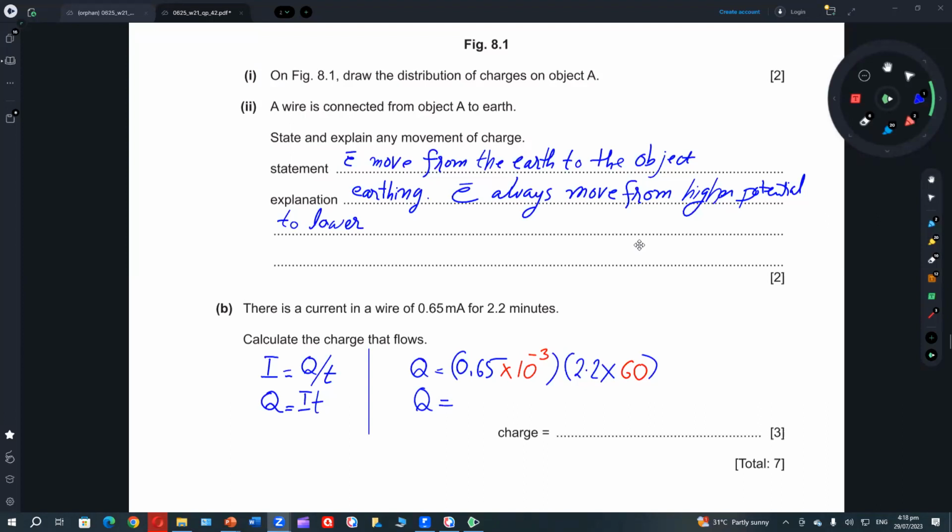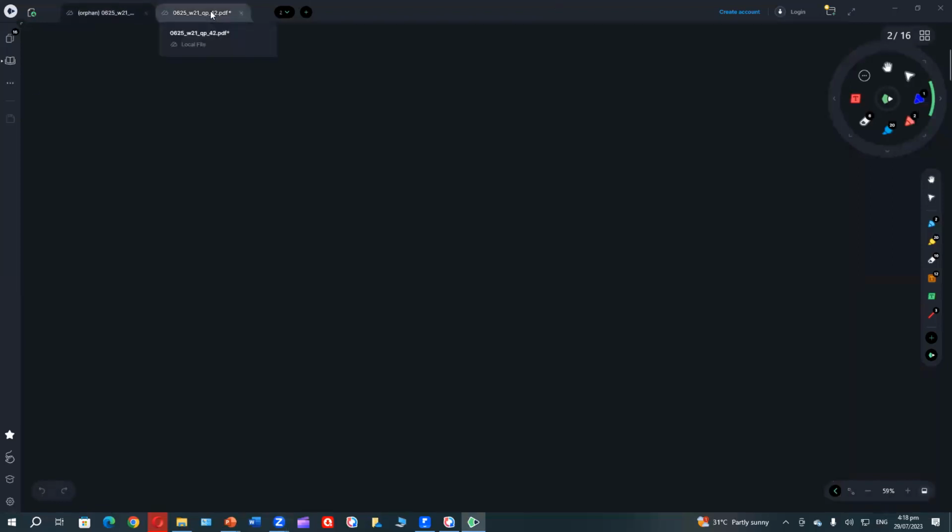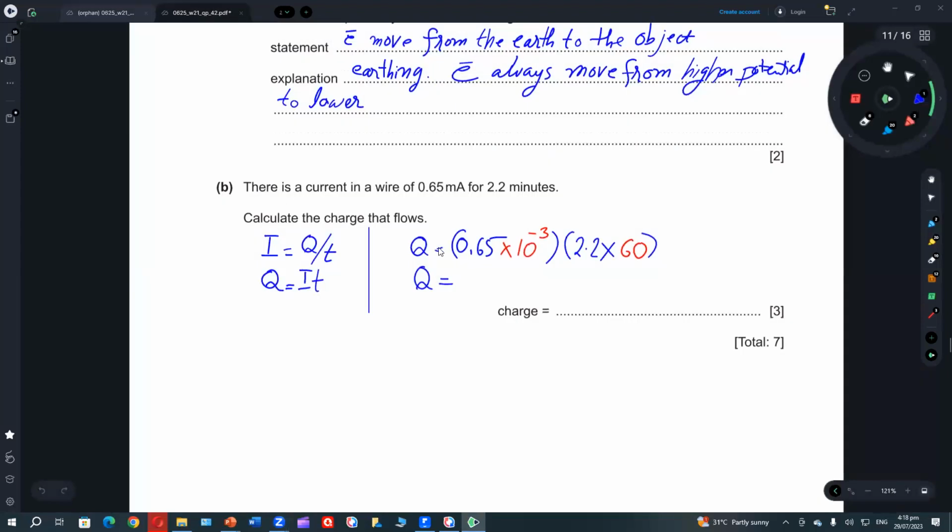It is 0.0858. It looks fine to me, but you can check the answer at the back of the book.